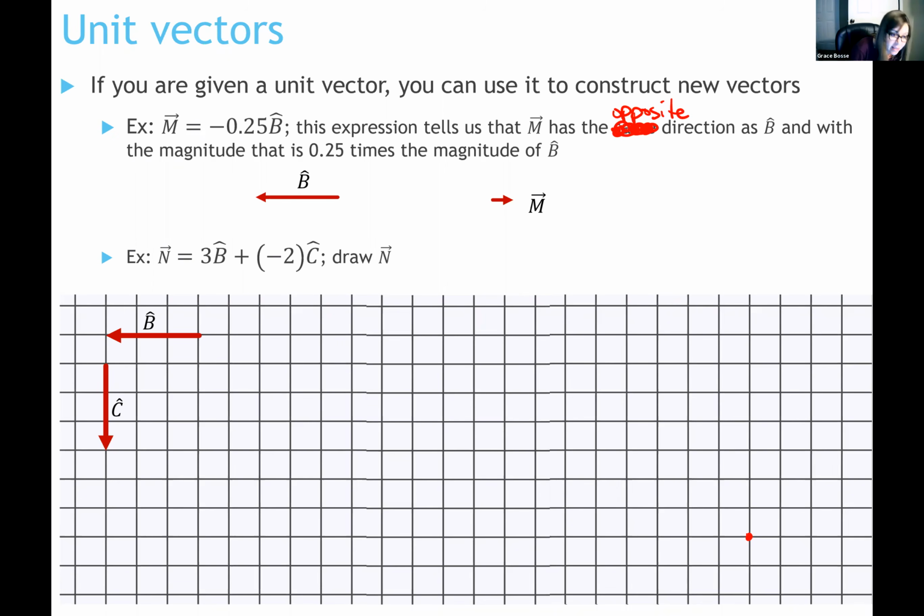So 3 times that is going to be 9 squares. So this is 3 times b hat. And now I'm going to add to that negative 2 times c hat. So c hat points down 3 squares. And so negative 2 times that points up 6 squares.